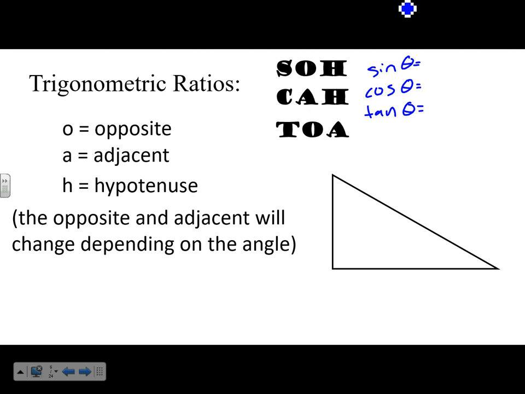Now the ratio is sine of your angle is the opposite side over your hypotenuse. Cosine is your adjacent side over your hypotenuse. And tangent is your opposite side over your adjacent side. Now, if that doesn't make any sense, that's okay. We're going to talk about that.